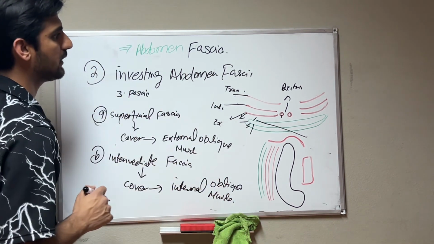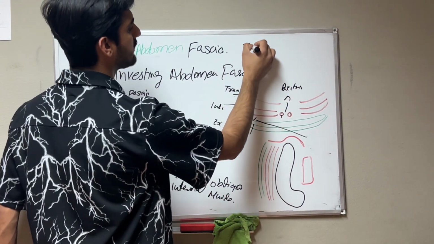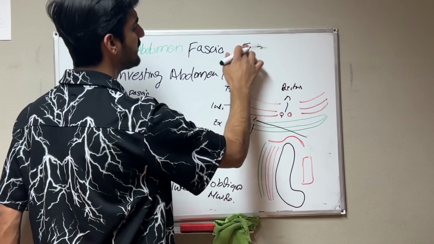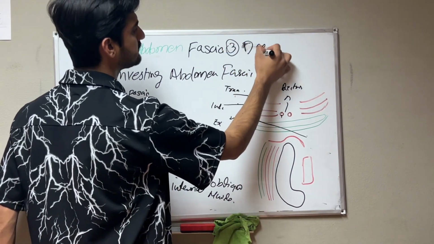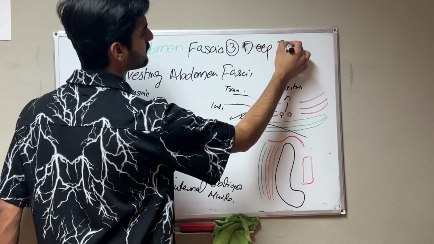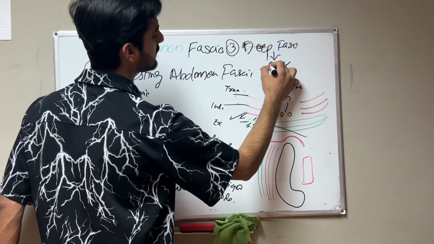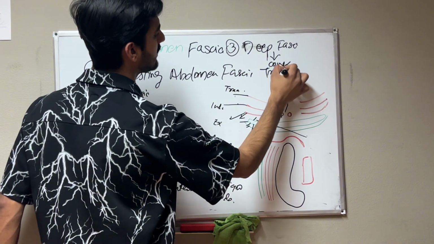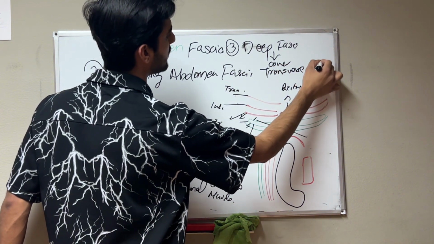And the third one we have the deep fascia. And the deep fascia covers which muscle? The transverse abdominal muscle.